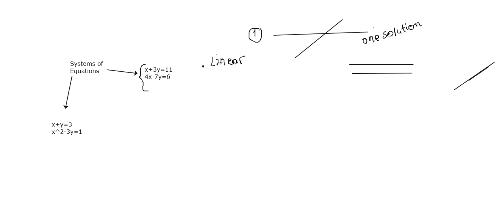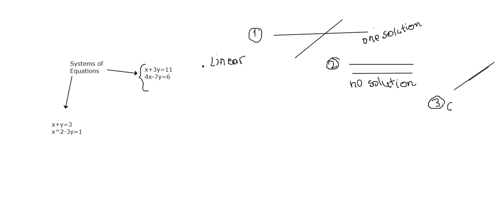The second case, when the lines are parallel, we get no solution, because we have no intersection point. It means that the lines are always far away from each other. They never cut, they never touch. And the third case is when they are coincident.